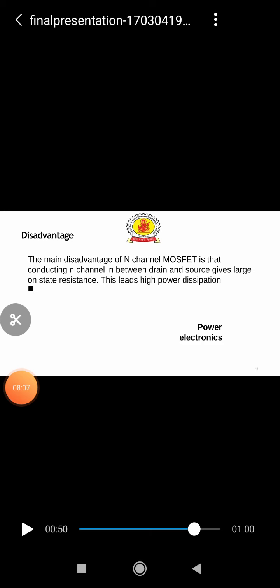The main disadvantage of N channel MOSFET is that the conducting N channel between drain and source gives large on-state resistance. This leads to high power dissipation and power loss. That's why this is the main disadvantage of power MOSFET.